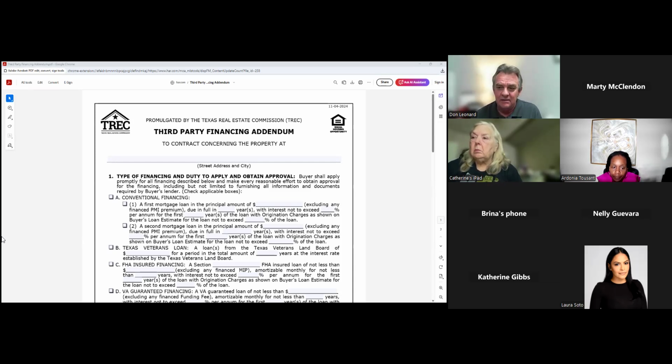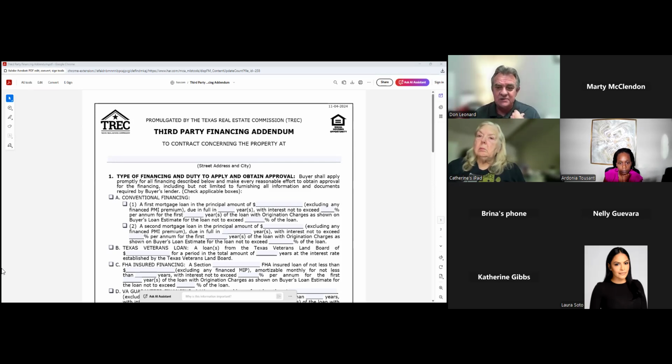Sometimes this language is boilerplate language where we fill in the blanks. We understand what it says, but what it says before that is actually pretty important, because if the buyer doesn't cooperate, then the buyer could be considered to be in breach of contract, and the ability to get the earnest money back could be threatened based on not doing what they're supposed to do.